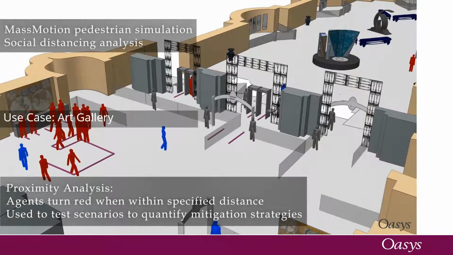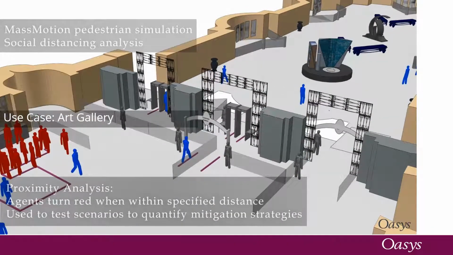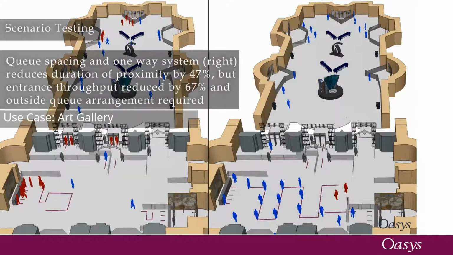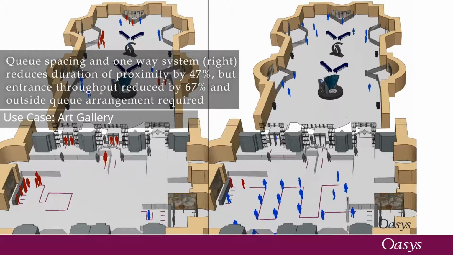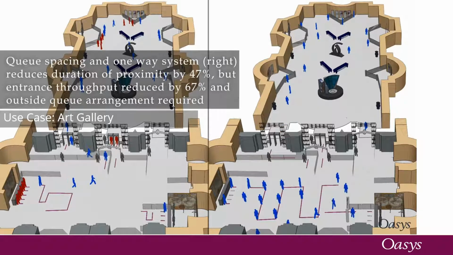And so similarly, in an arts and culture environment, if we're thinking about how can we reopen some of these facilities and really give the users or designers of that space comfort that things can be done in a socially distanced way, what is the impact of, say, establishing a one-way queuing system and enforcing different ways of movement and different queuing operations?